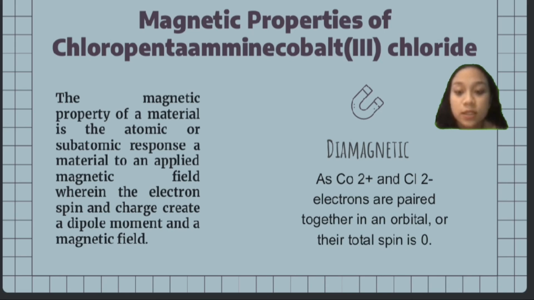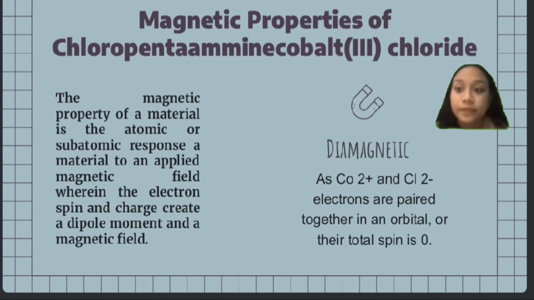This is due to the cobalt 3 plus ion and the chloride ions. The electrons are paired together in the orbitals, which achieve a total spin of 0. So this explains why it has diamagnetic property.